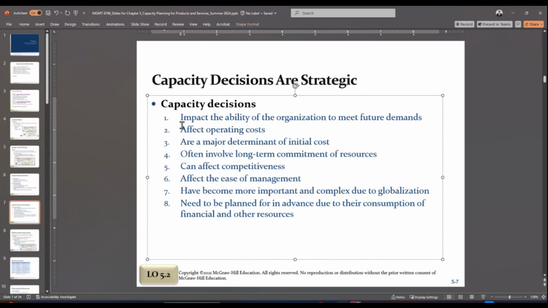Capacity decisions are also major determinants of the initial cost. Sometimes you might need to buy $1 million machinery, but it pays off, or the ROI, return on investment, is anywhere from 3 to 7 years. Versus instead of investing in big machinery, you might go with 2 or 3 smaller machines, which will cumulatively cost you say 600K.